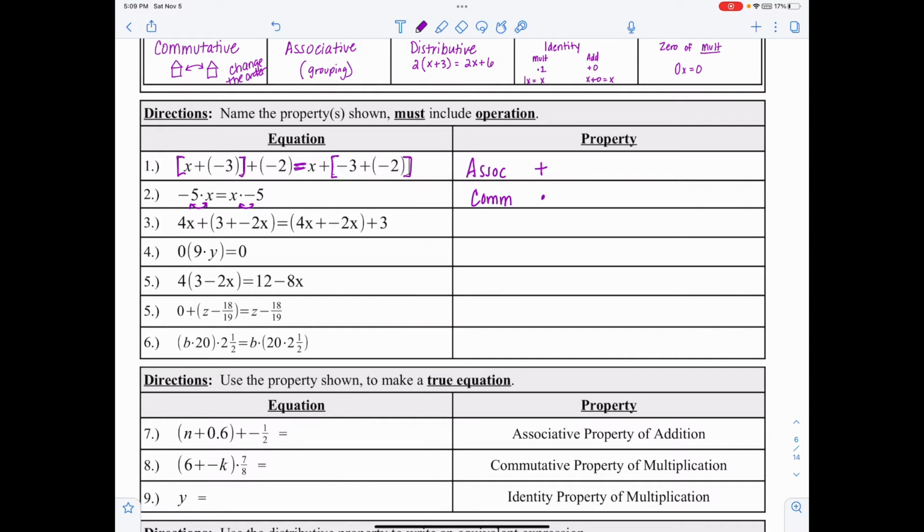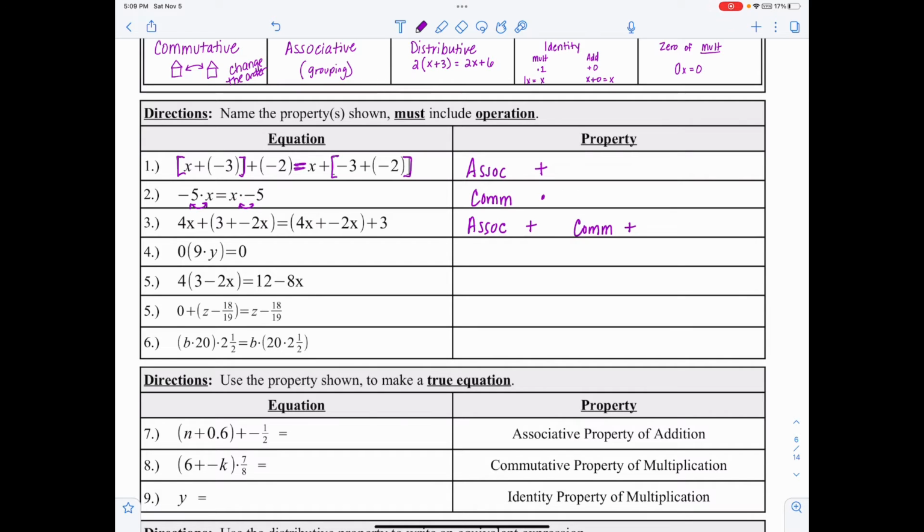So we do have the associative going on, but it actually looks like we also have some commutative going on here as well, because we have the different addends moving around differently. So this one actually looks like the associative property of addition, because that's the operation, but I also see the commutative property of addition. So this one has two properties being shown.